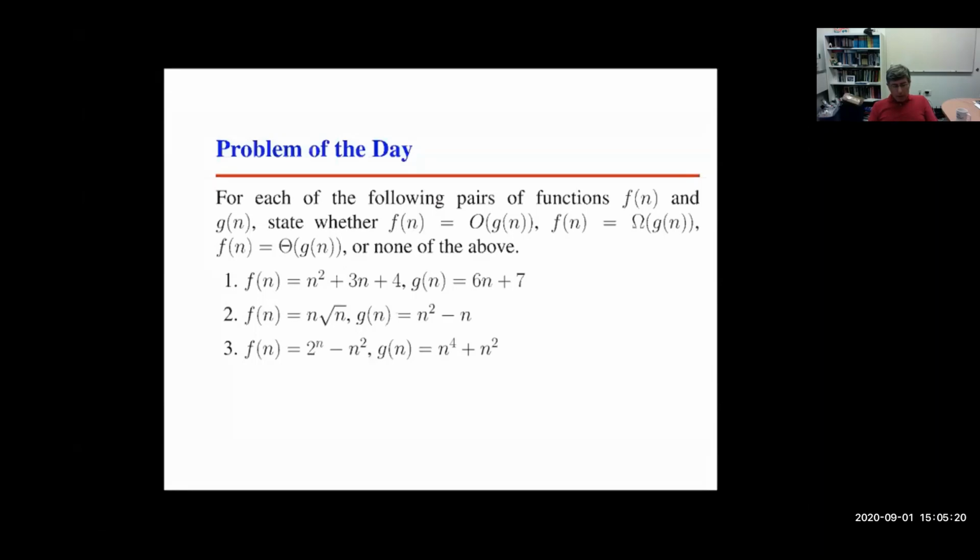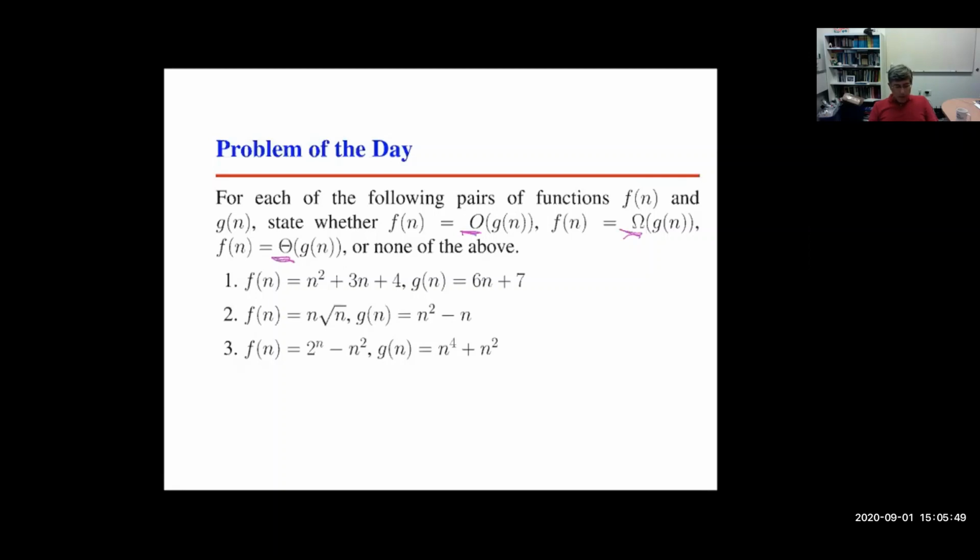We want to know whether the relationship is a big O, meaning that g of n is an upper bound of f of n. We want to know whether it's an omega, where g of n is a lower bound of f of n. Or we want to know if it's a theta, meaning that they are tight. Okay? So let me think how I would do these kinds of things.